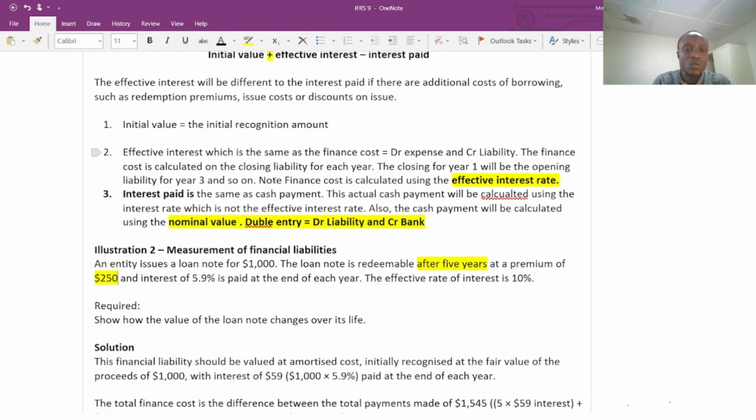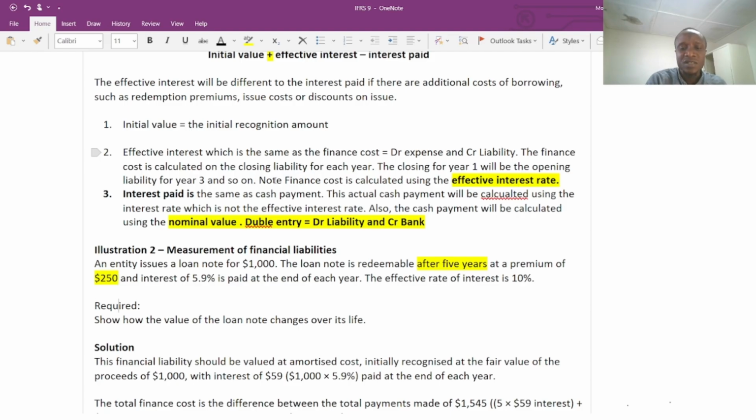So if the nominal value is $1,000, then at the end of the life of the liability, we are going to pay $1,000 plus 250 the premium, plus the cash payment for that particular year. So these three components are contained within the final year of the liability. We need to note down that the premium means we are going to pay an extra amount at the end of the period.